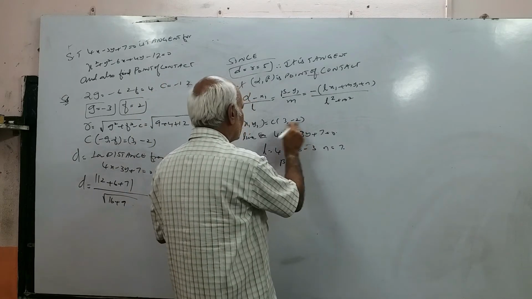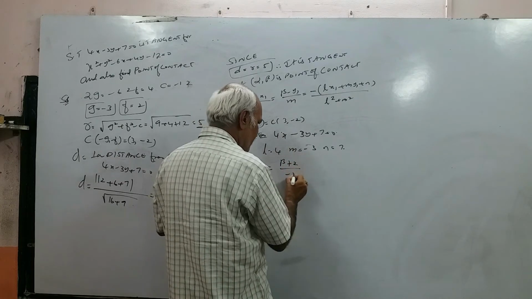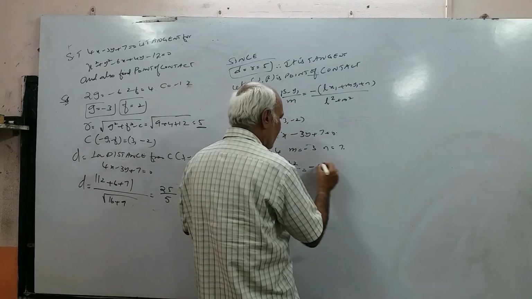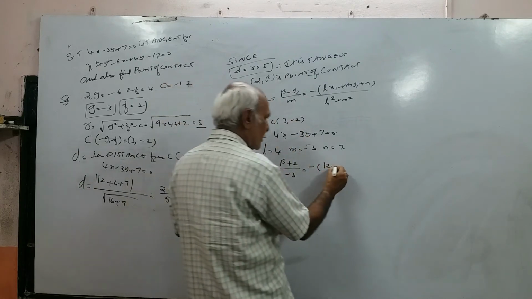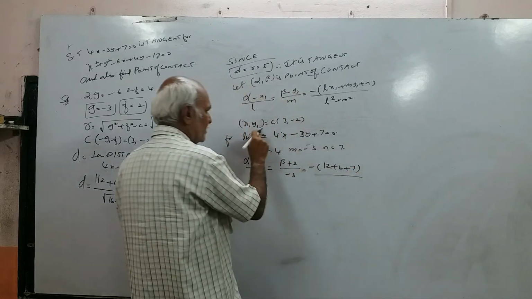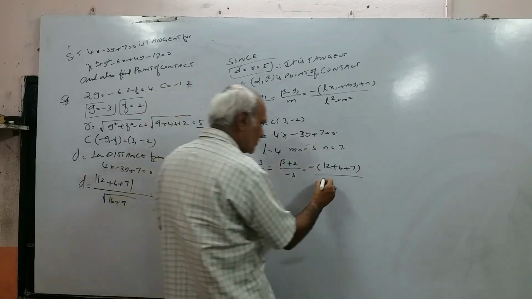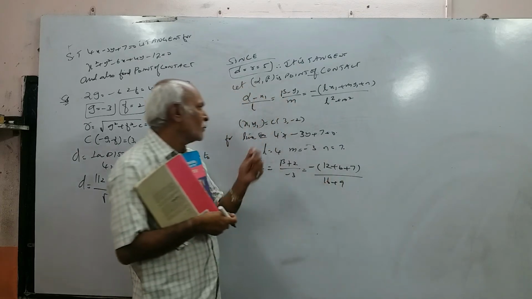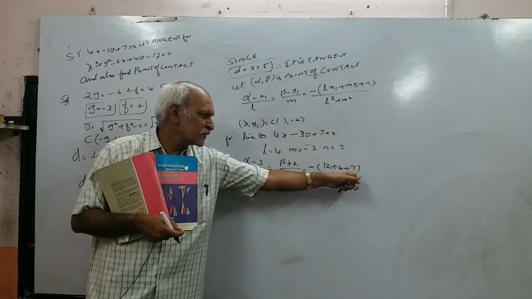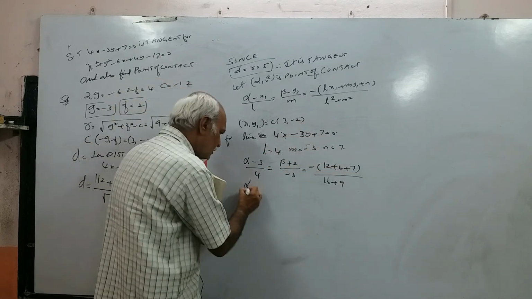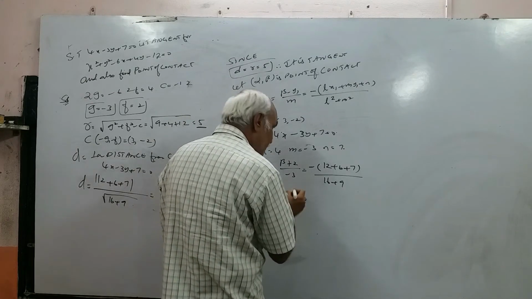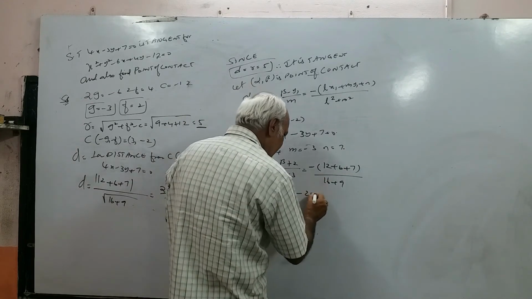Beta minus y1 is beta plus 2 by M is minus 3 is equal to minus of Lx1, 4 into 3 is 12, then minus 3 into minus 2 is plus 6, plus n value 7, by L square plus m square. So 16 plus 9. Substitution of formulas are Lx1 4 into 3, minus 2 into minus 3, plus n is 7 only. So this becomes alpha minus 3 by 4, beta plus 2 by minus 3 is equal to minus 25 by 25.